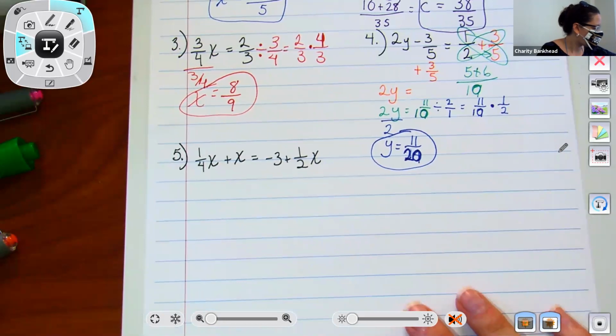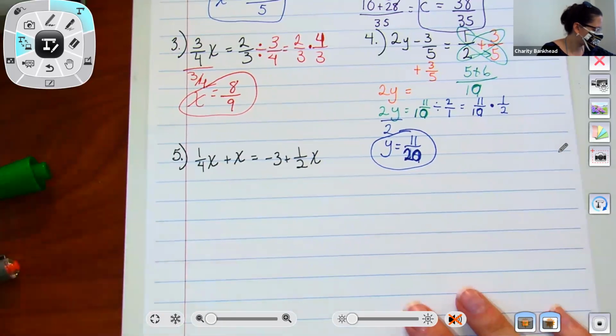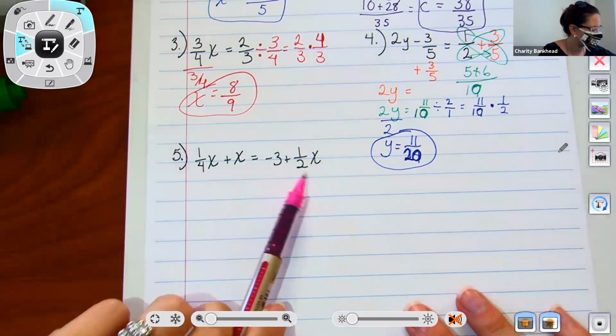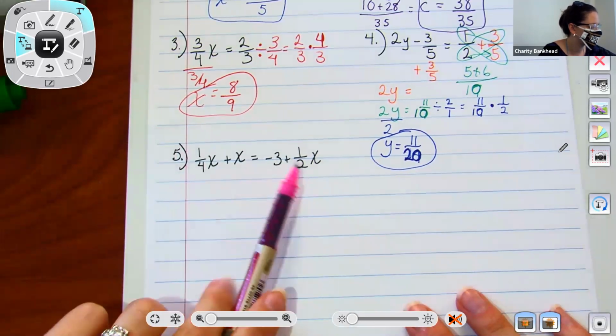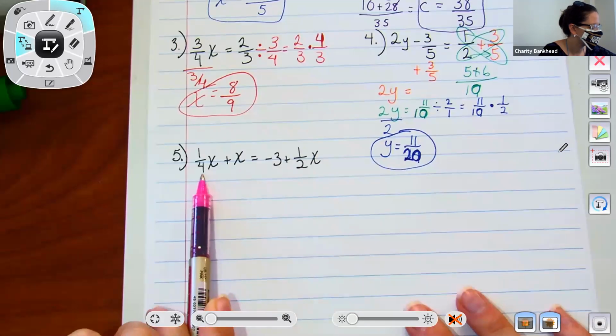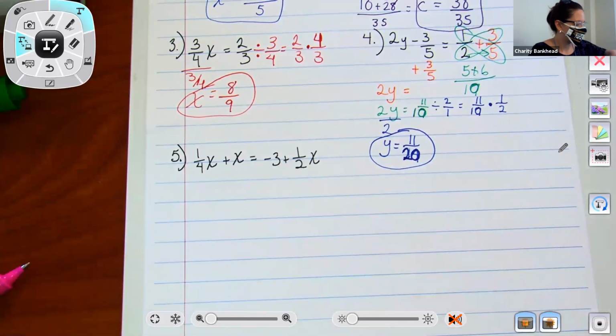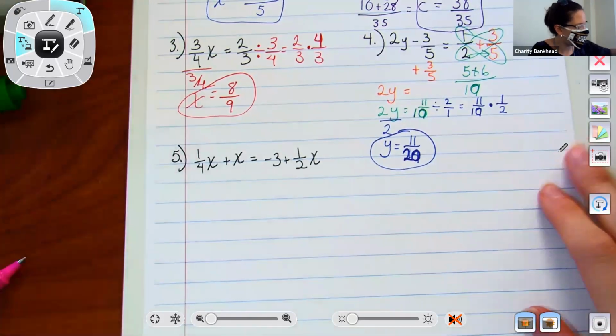So for number 5, just look at all the fractions in the problem, just the fractions, and figure out what is the LCD for those fractions. So the only fractions in that problem are 1/4 and 1/2.